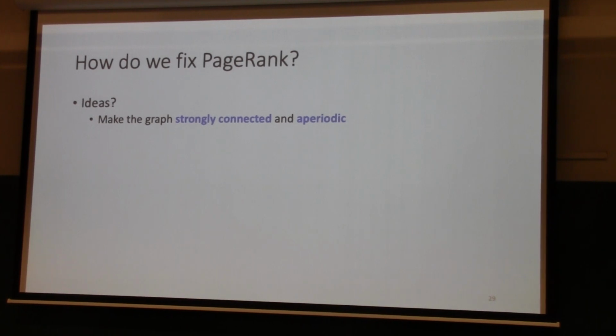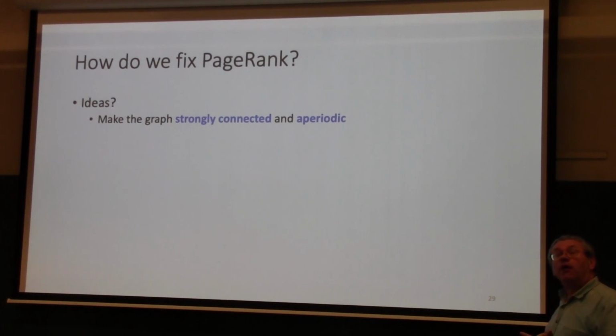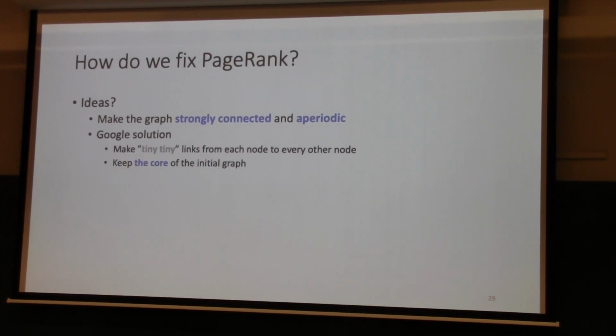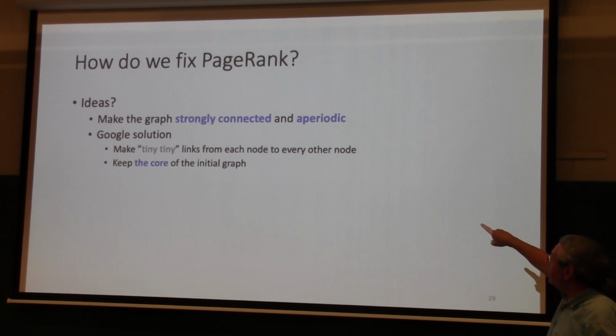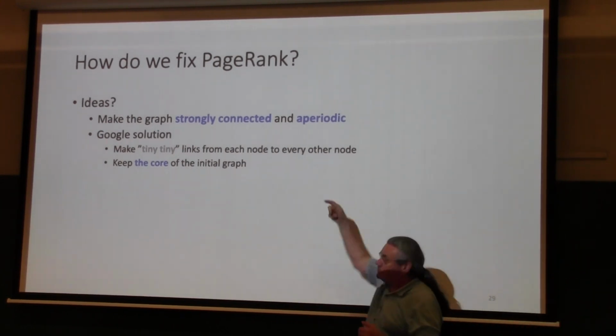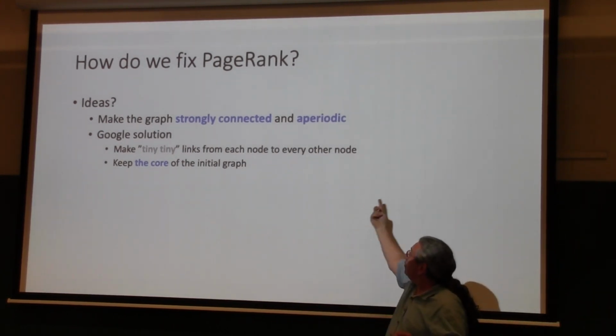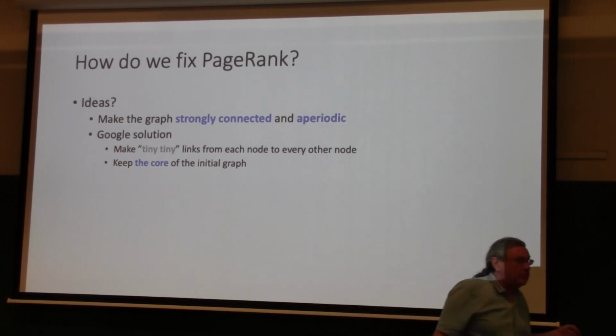So how do we fix it? Well, we have to fix the graph. We have to make it strongly connected and aperiodic. Those were the 2 conditions. And the solution of Google, which is very similar to the evaporation idea, is you make very, very small links from every node to every other node.